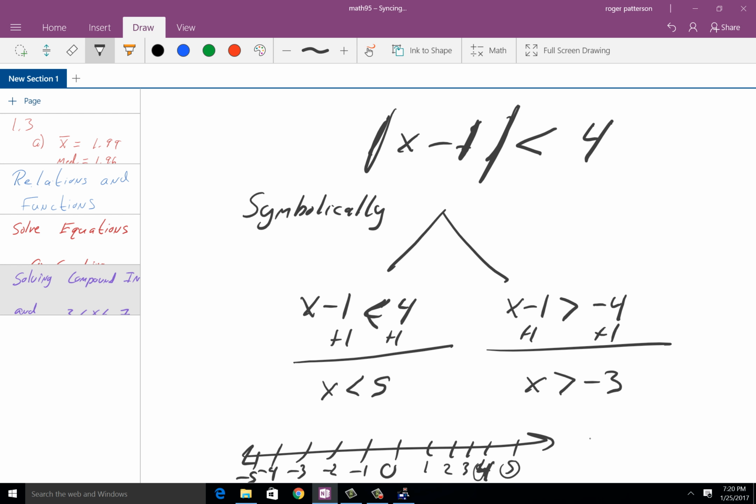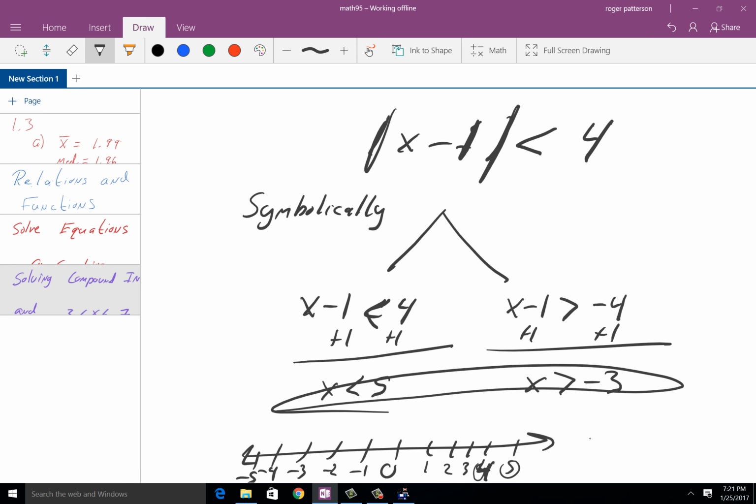All right. Okay, so let's try another one. So we're going to go absolute value of x plus 3. Looks like that. Let's make it equal to here, and let's put a 6 there. All right? So again, we're going to do this symbolically. So the one case is the obvious case right here.